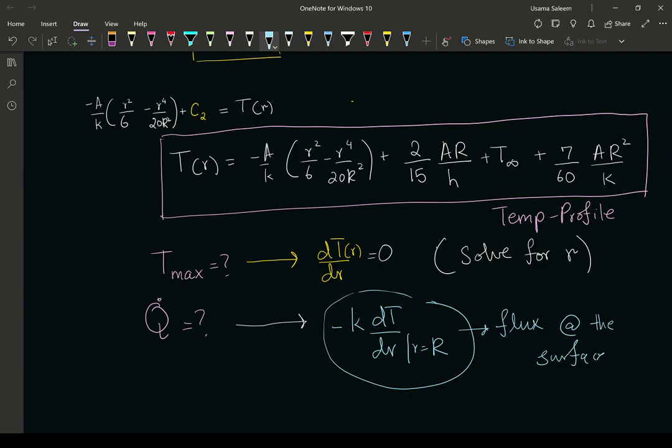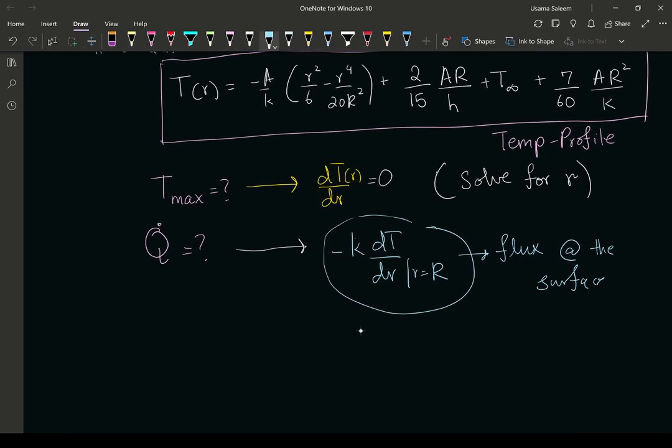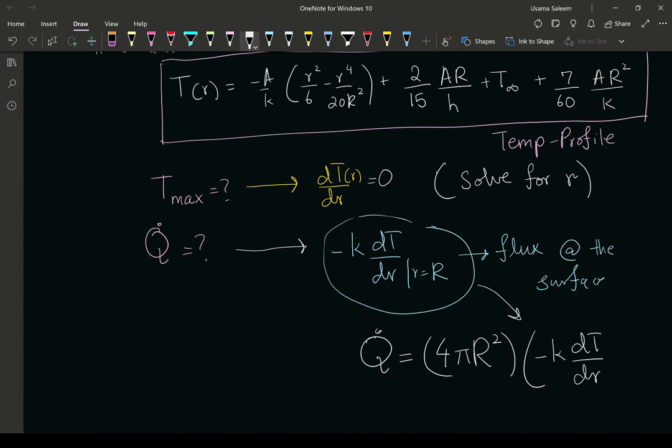Once we have the flux at the surface, you just have to multiply by area, because flux is heat over area. So q dot is just going to be the area of the sphere, 4 pi R squared, times the flux evaluated at the surface.